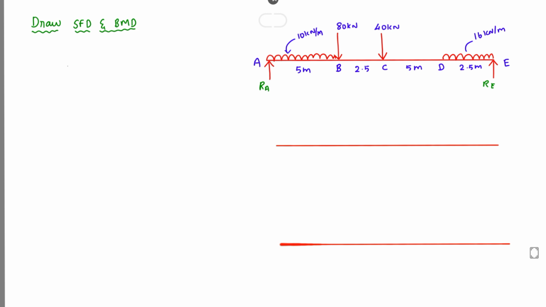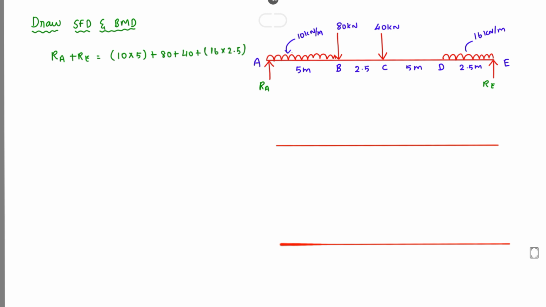Now we can take the sum of upward force equal to the sum of downward force. The sum of upward force is RA plus RE. The downward force is the UDL, 10 into 5, plus 80 kilonewton plus 40 kilonewton plus 16 into 2.5.